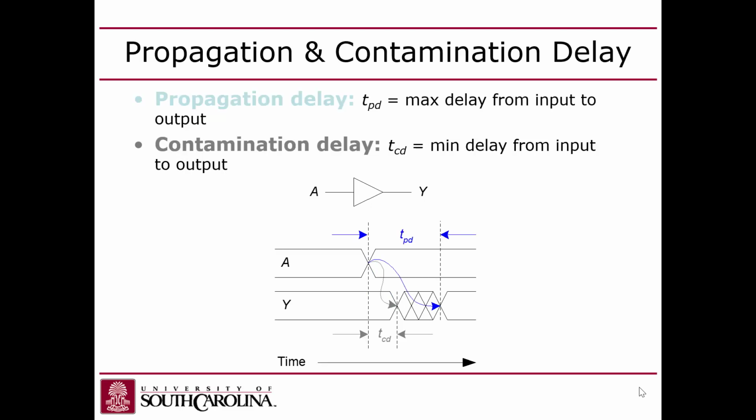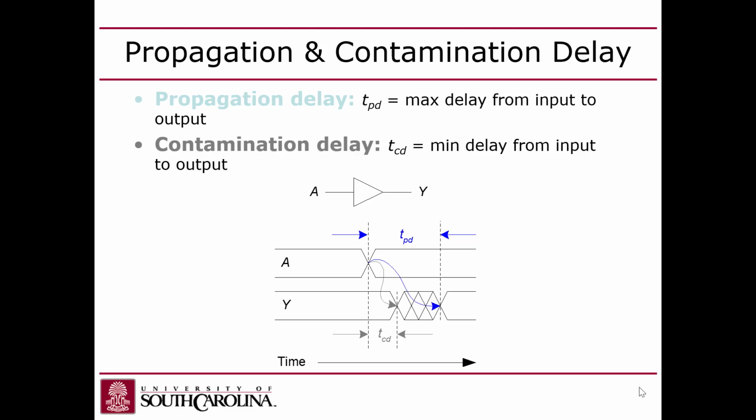Okay. So there's actually two kinds of delay that you have to be concerned with. There's propagation delay and contamination delay. Propagation delay is how long it takes for the output to settle, for it to go into its final state after you change an input.